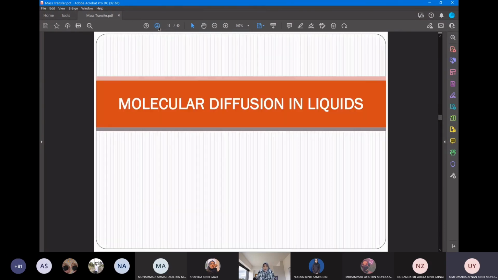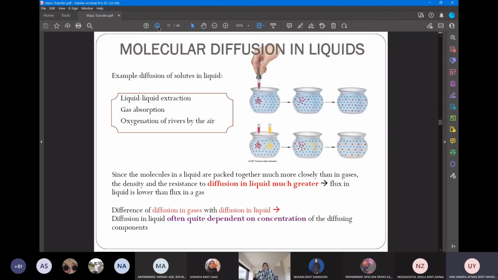Next, diffusion in liquid. This is actually an introduction before you go to the next chapter. For applications, you must know at least one example: liquid-liquid extraction, gas absorption, or oxygenation of a river by air. This one is only revision and introduction.